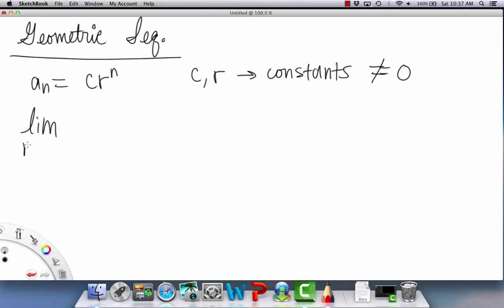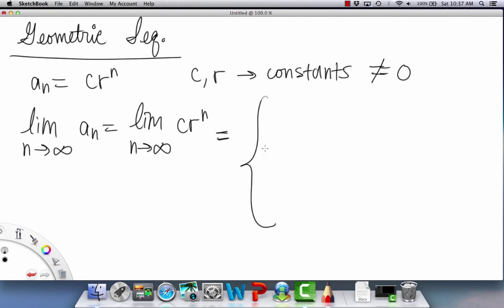So the limit as n goes to infinity of this sequence, a_n, is equal to the limit, and I'm just going to replace a_n with what it actually is, represented by c r to the n. So this can actually equal technically 4 different things, depending on what your r is.